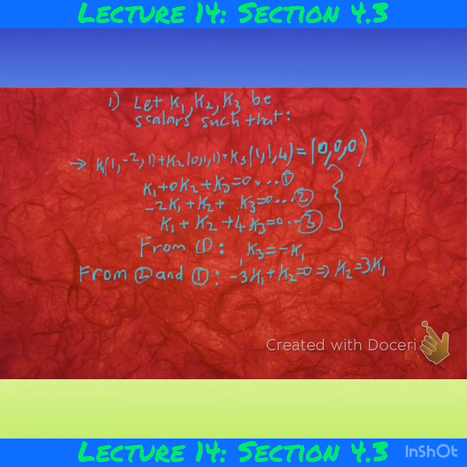Basically from 3, we can substitute 3K1 for K2, we can leave K1, and then we can substitute minus K1 for K3.